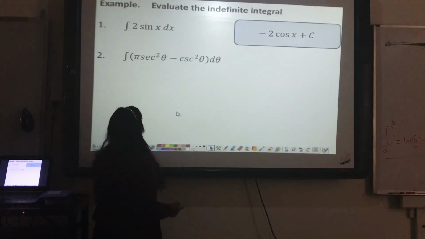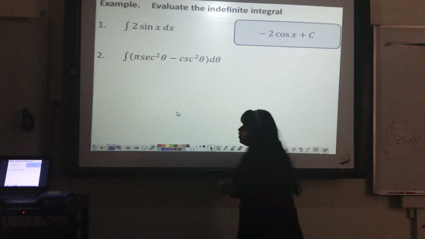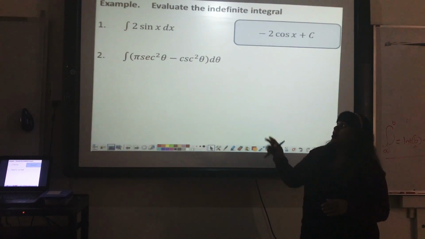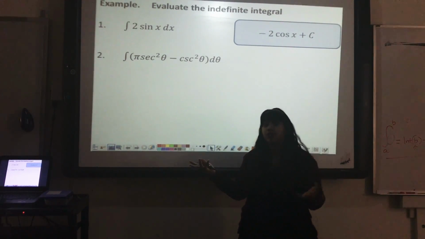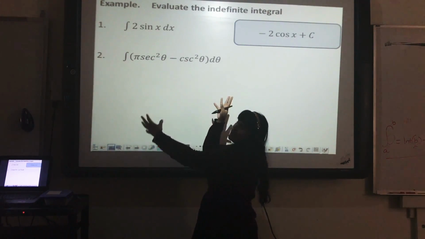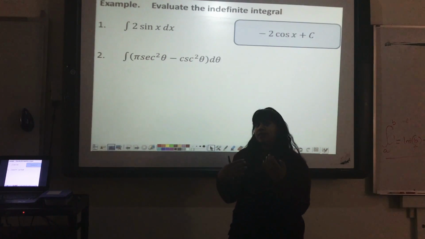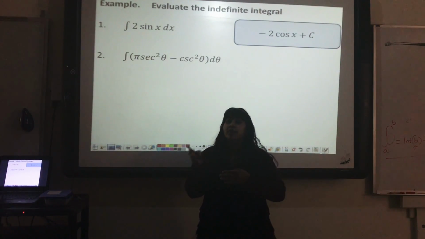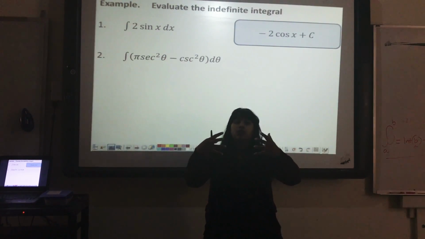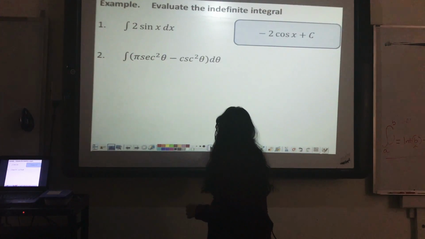My next question is the integral of the entire quantity of pi secant squared theta minus cosecant squared theta. So here we have an option. We can take out our constant multiple. We can also do the sum and difference where we separate it. I like to do this because when we get to more complicated problems, it becomes easier when we take out the constant multiple, and with the sum and difference, it becomes visually more bite-sized, more manageable.